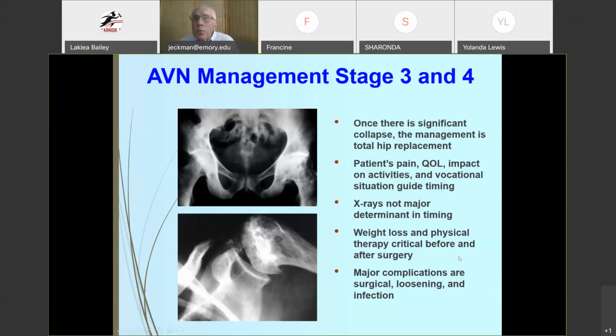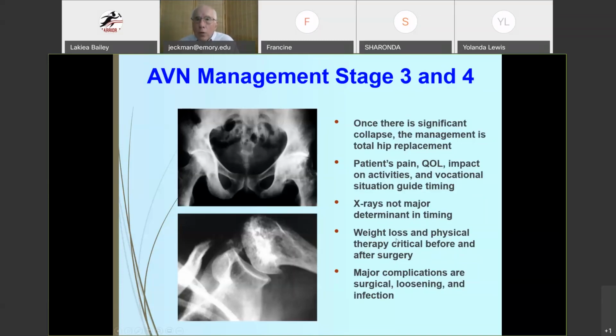All individuals should also have weight loss and physical therapy, even if they're going to have to go to surgery very quickly. This is very important because the physical therapy will improve muscle strength. It'll allow the muscles to support the joints so they're not damaged.